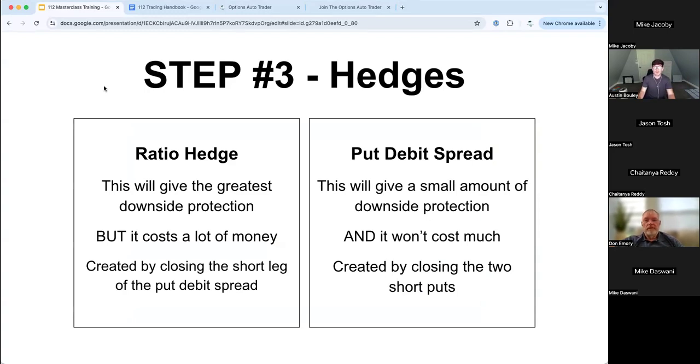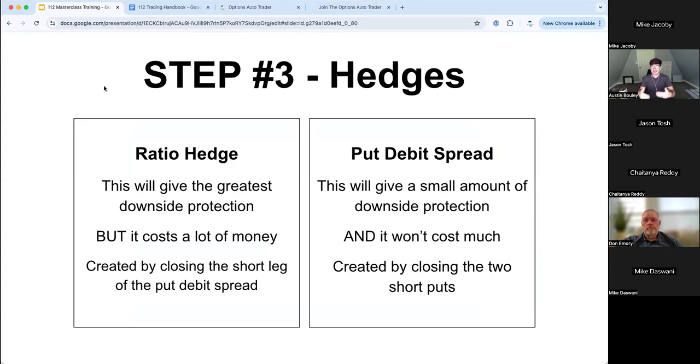With the 112, it can be turned into two different types of hedges. That's a ratio hedge and a put debit spread hedge. A ratio hedge will give you the greatest downside protection because you can make upwards of $20,000 from a ratio hedge. But because it gives you so much downside protection, it also costs a lot of money.